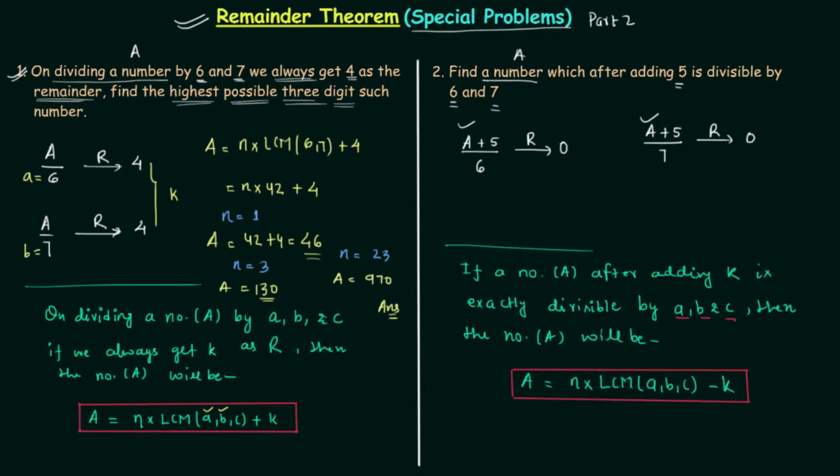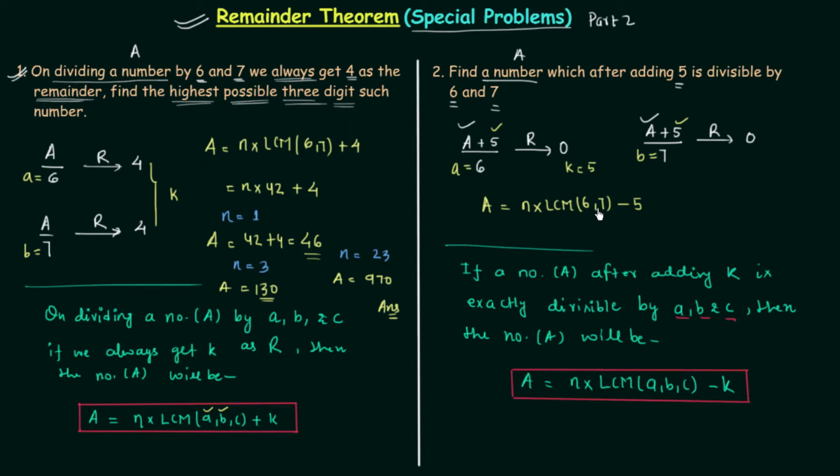So let's try to find the answer in this case. On comparison, you will find 6 is equal to a, 7 is equal to b and 5 is equal to k. Now we will use the formula and the number A will be n times LCM of 6 and 7 minus k. k is equal to 5, so I will write 5 in place of k.